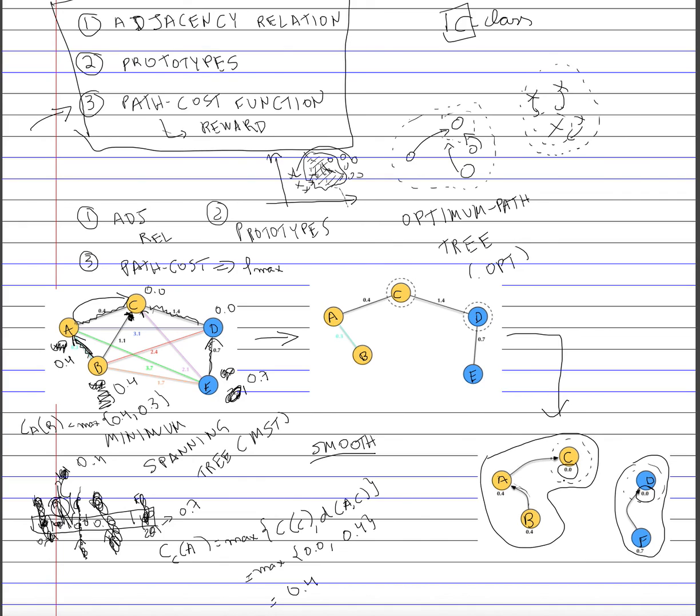Okay, so basically that is the training phase of the OPF that uses the complete graph as the adjacency relation, the MST to find out prototypes, and the Fmax as the path cost function.